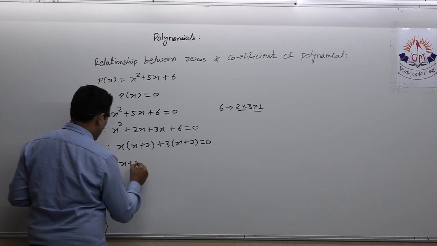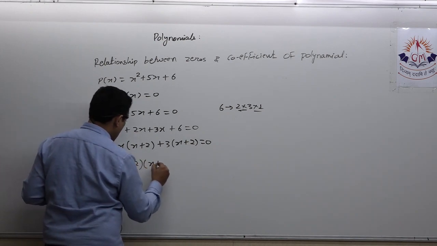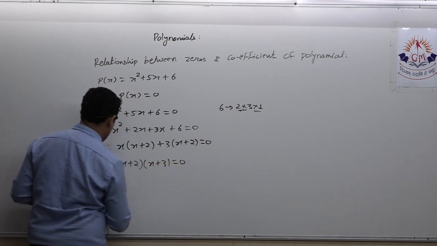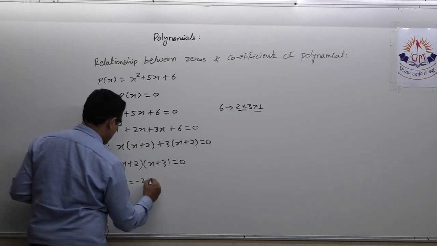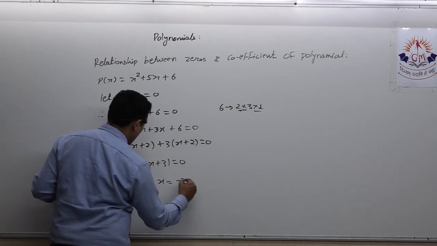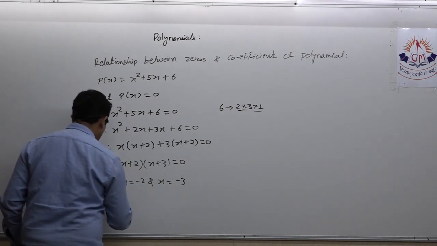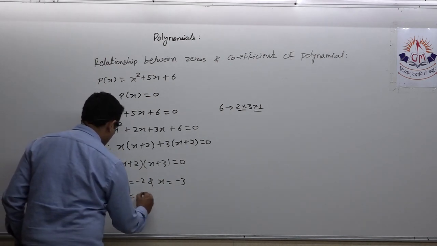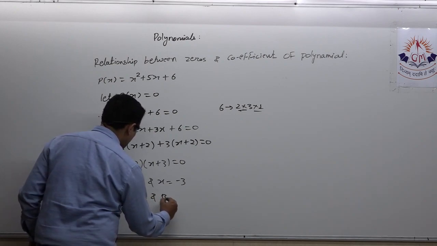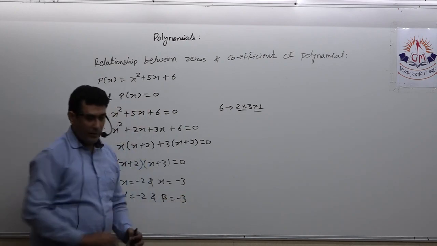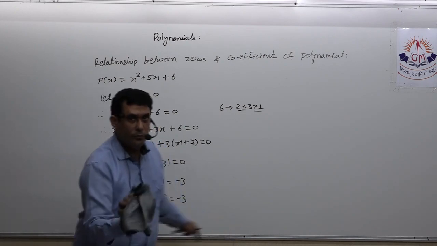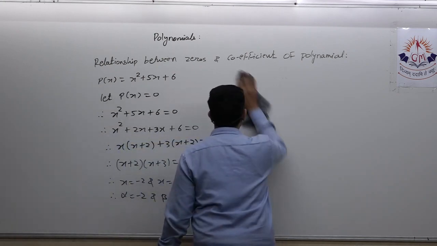Therefore (x plus 2)(x plus 3) equal to 0. So this gives you x equal to minus 2 and x equal to minus 3. Therefore I can say one zero is alpha and another zero is beta. So the first part of the question is over, that means we obtained the zeros.